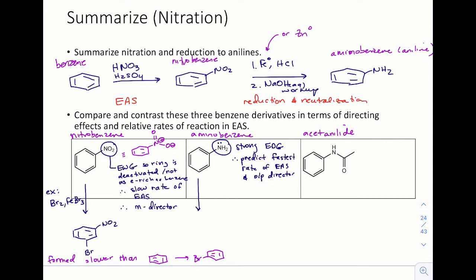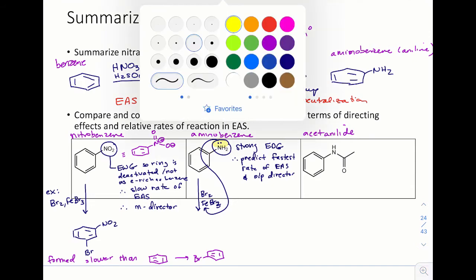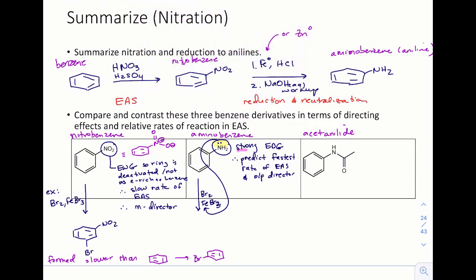Let's imagine that aminobenzene was treated under bromination conditions. The amino group, being so Lewis basic, would actually coordinate to iron. However, this is pretty wild. This amino group is such a strong electron donating group that bromination will actually occur without a catalyst. And that's good, because the catalysts just mess it up by coordinating to the amine. So no catalyst is necessary, but there's a crazy product mixture because this can just keep reacting.